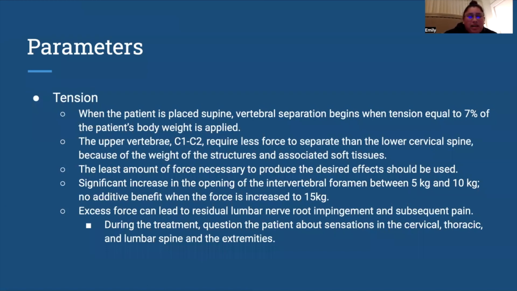Excessive force can also lead to residual lumbar nerve root impingement and subsequent pain. So during the treatment, you just want to make sure that the patient isn't feeling any type of sensations in the cervical, thoracic, or lumbar spine and the extremities, because this can cause future problems for the patient along with what they already are suffering from.